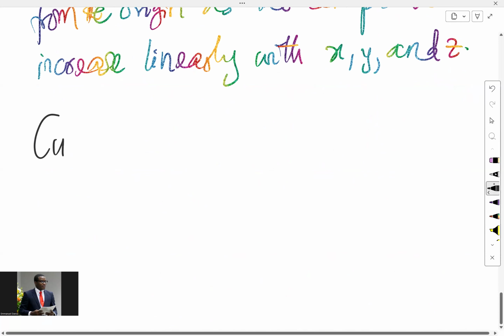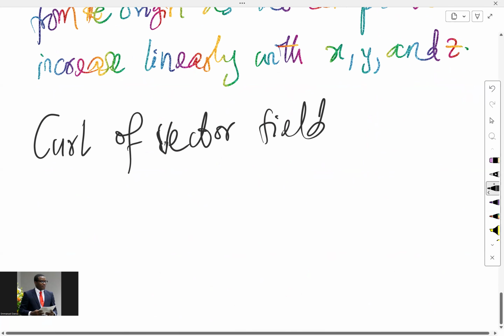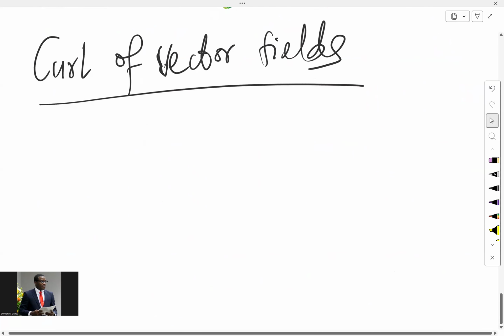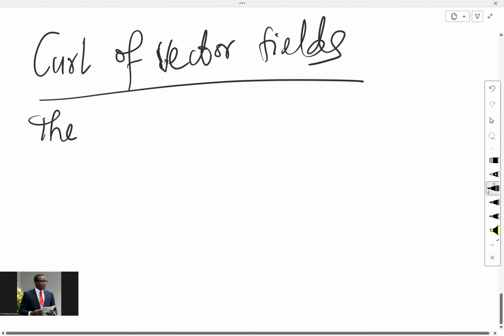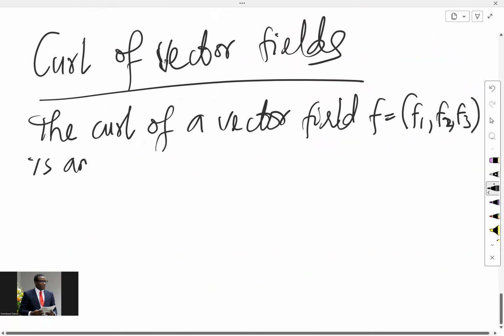The curl of a vector field F, which is F1, F2, F3, is another vector field.